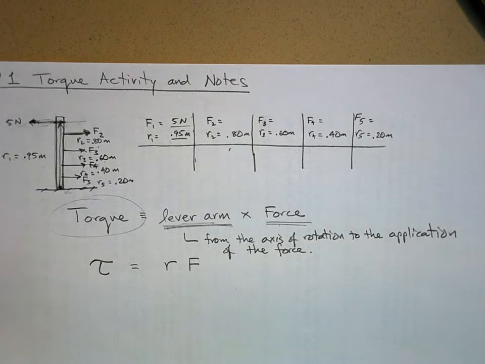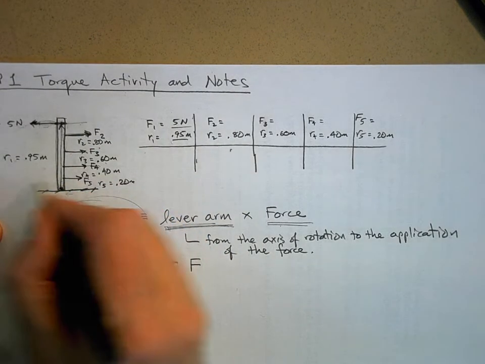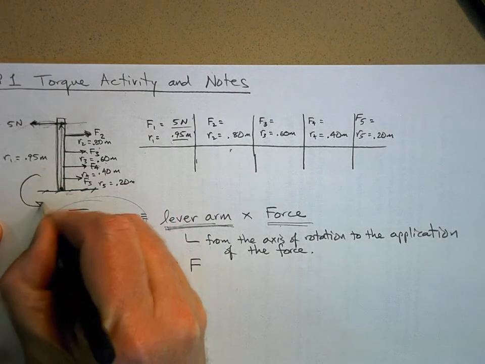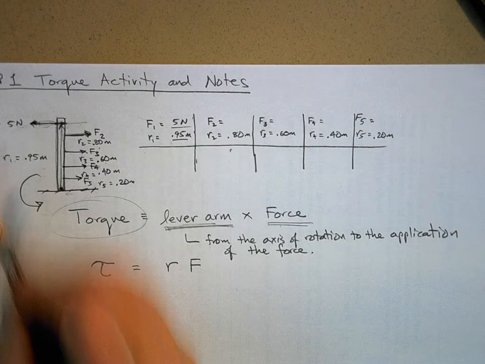Okay? And so this is an equation. And notice, I can have positive torques or negative torques. Now I'm running out of time. I got about 5 minutes left, so I got to go quick. If you're trying to rotate in this direction, okay, now this is the opposite direction that a clock moves.